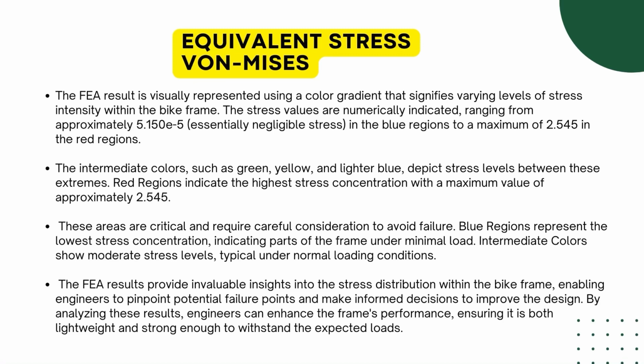Intermediate colors depict stress levels between these extremes. Red regions indicate the highest stress concentration and are critical for avoiding failure, while blue regions represent the lowest stress concentration. Intermediate colors show moderate stress levels, typical under normal loading conditions.